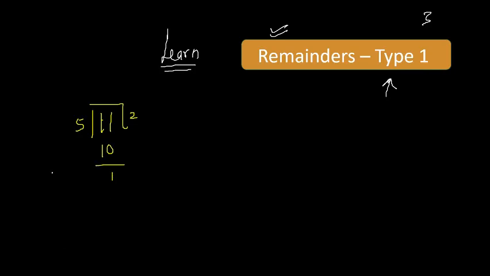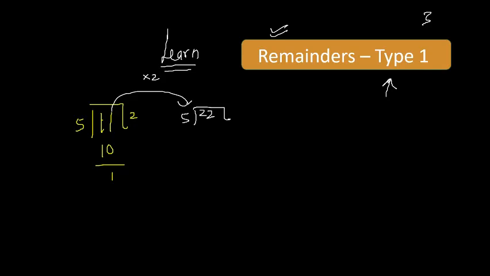Now tell me, if I double the number and then divide it by the same number, will the remainder remain the same or will it change? It will change, right?